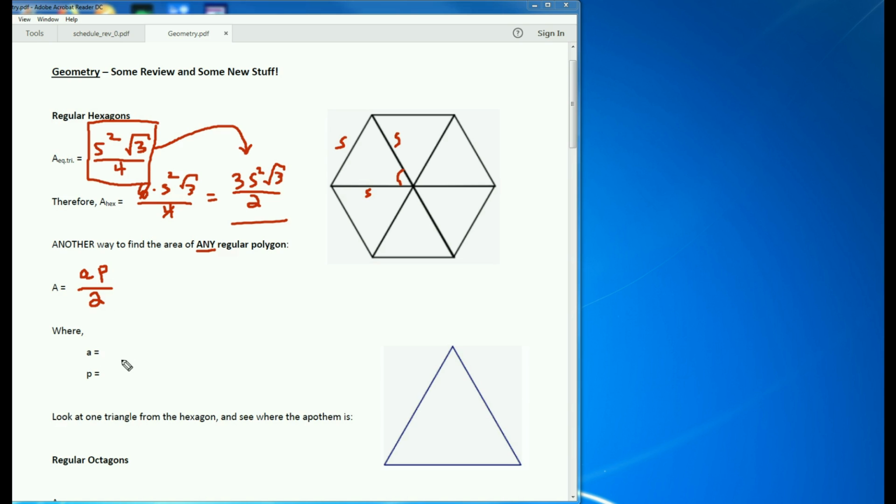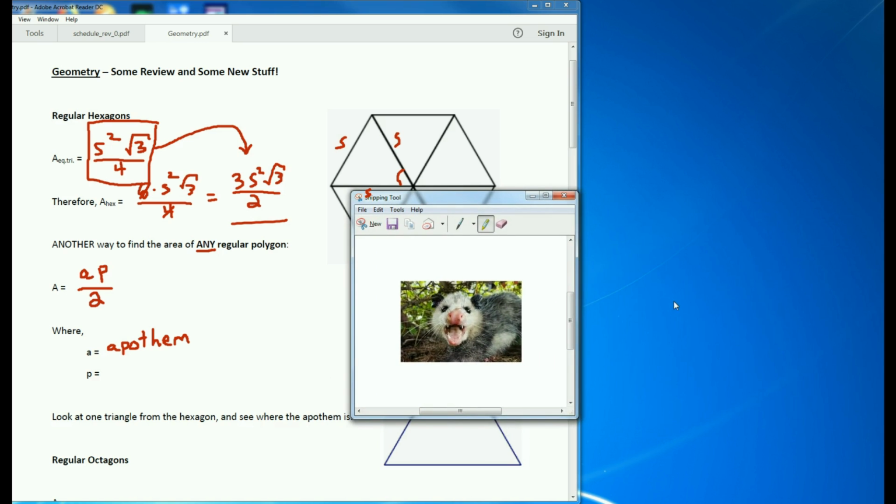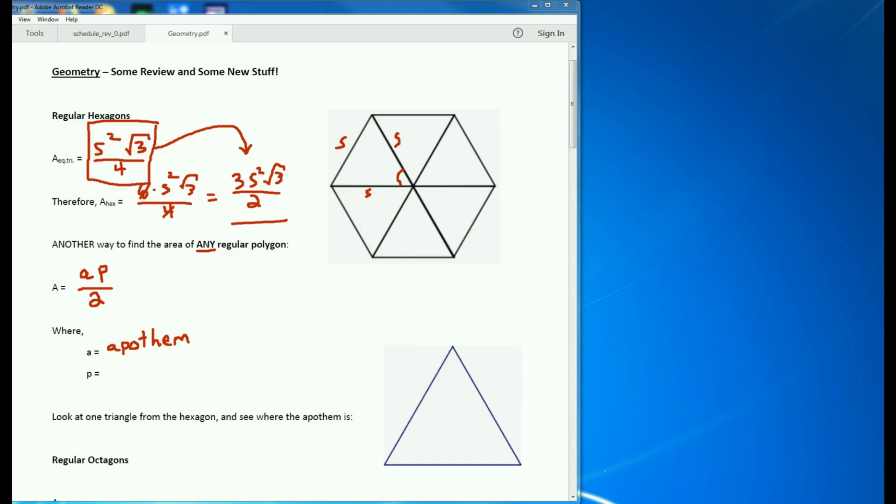Okay, so A is the apothem. Okay, so it's kind of a funny word. It's kind of like, say, if you were going for a hike and something scurried across your path and you said, hey, look at that apothem. Pretty similar.